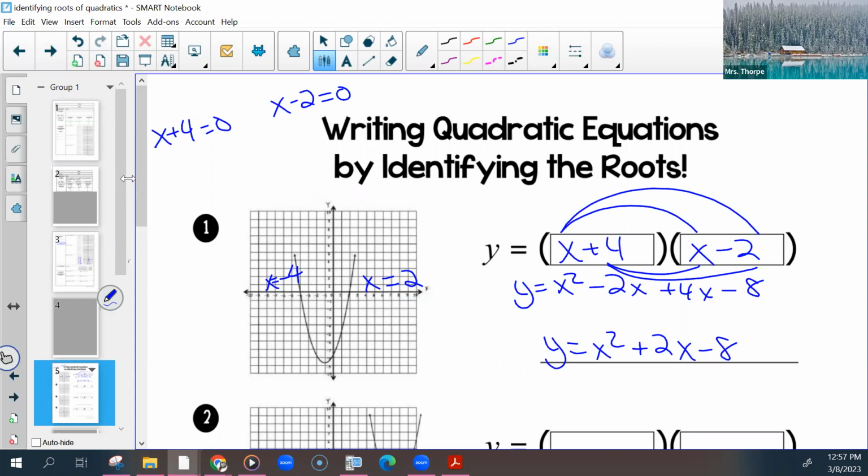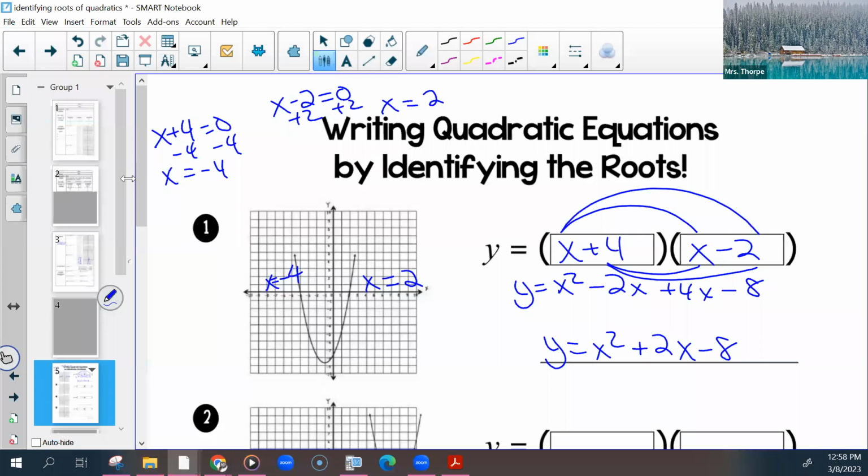Then we're gonna solve both of them. So when we write them in factored form, they're written with opposite signs, because if they were set equal to 0, we would want to get the actual zeros.